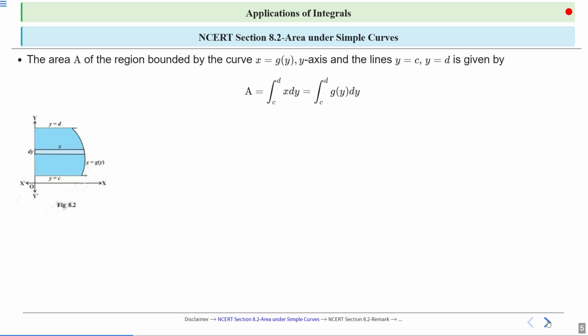When we take a strip parallel to the y-axis, a vertical strip, we integrate within the limits of x. And when we take a horizontal strip, we integrate for y, with lower limit y = c and upper limit y = d. Okay, clear?